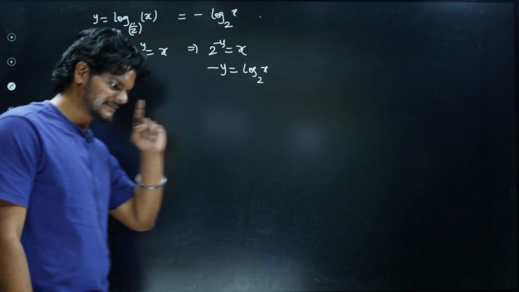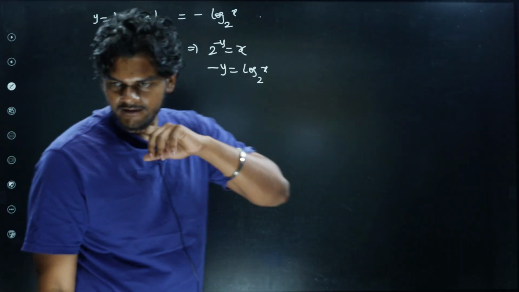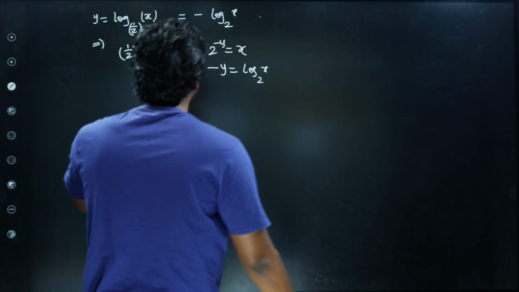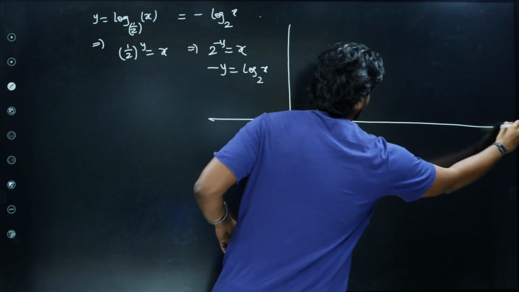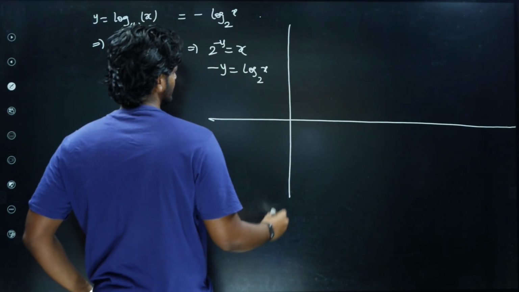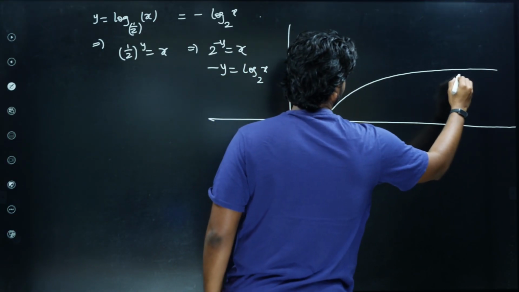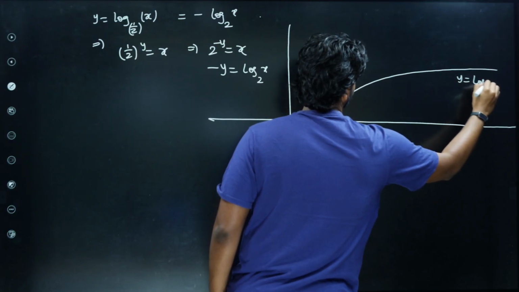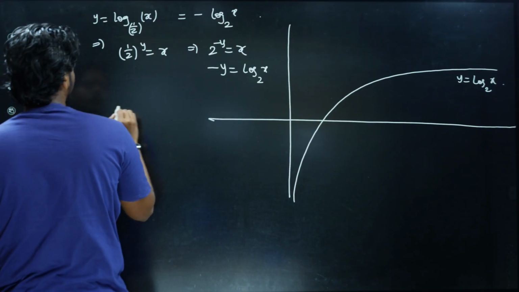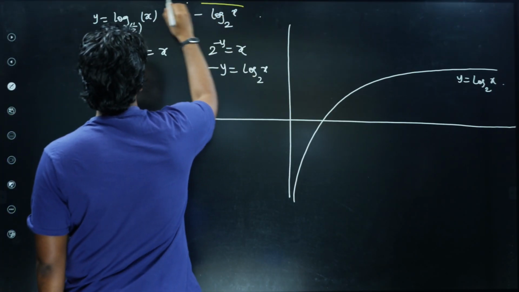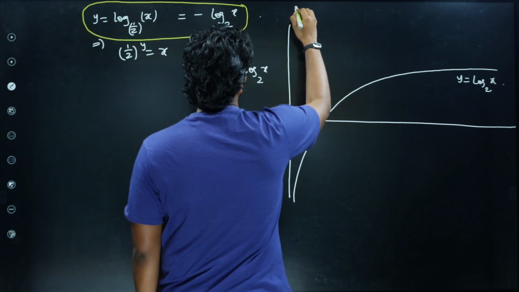Now we will learn another graphical manipulation. Since this was the graph of y is equal to log base 2 of x, with yellow I'll draw minus of that.